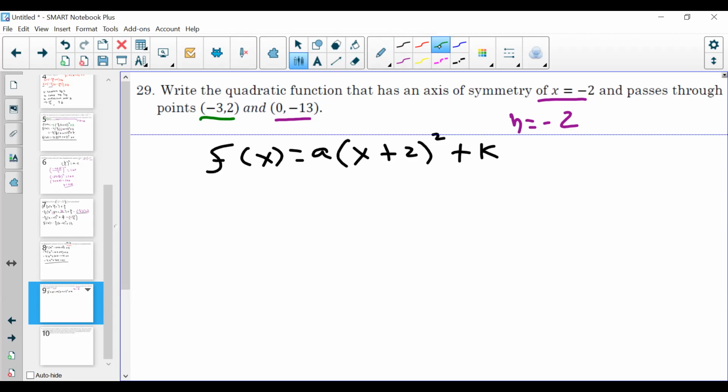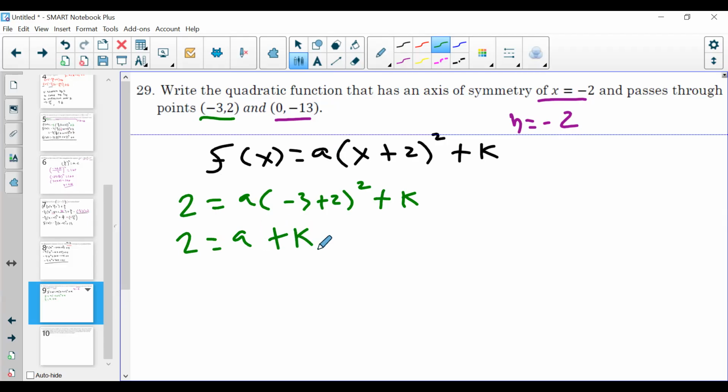When I have the point (-3, 2), I can plug that in and get 2 equals some a times (negative 3 plus 2) all squared, plus some k. That reduces down to 2 equals a times (negative 1) squared, which is just 1, so it's just a by itself, plus k.